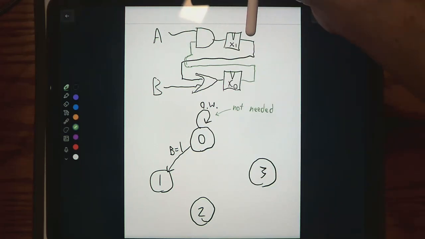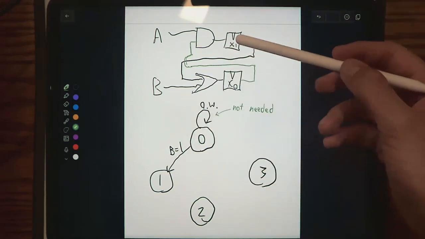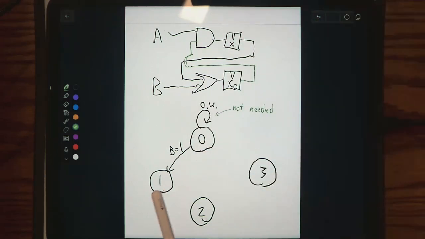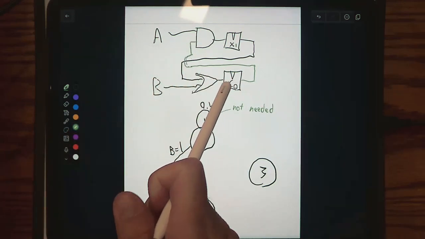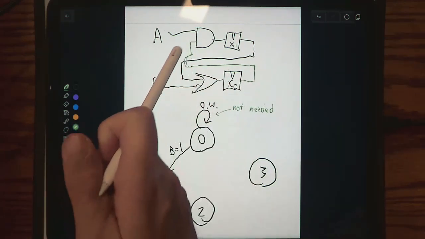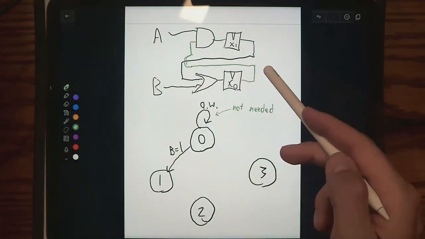What state will be next if A is 0? If A is 0, and it's ANDed with the value stored here, which is a 1, so we have 1 and 0.